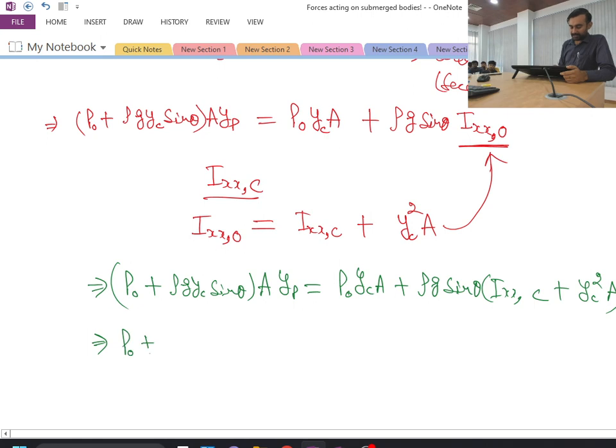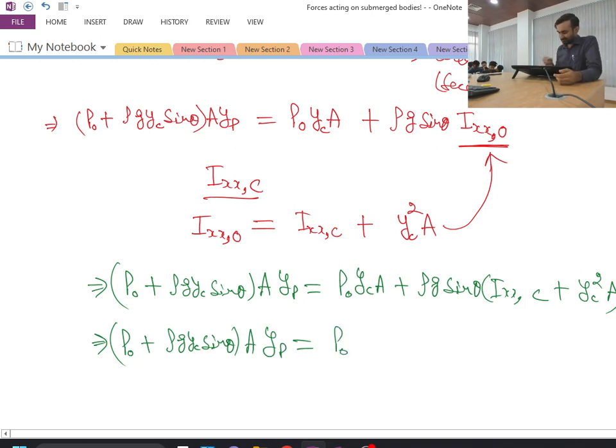Now from here I will get P naught plus rho g yc sine theta A YP equal to P naught. The YC terms I will take common, and area is also common, so it becomes P naught plus rho g YC sine theta times A YC.